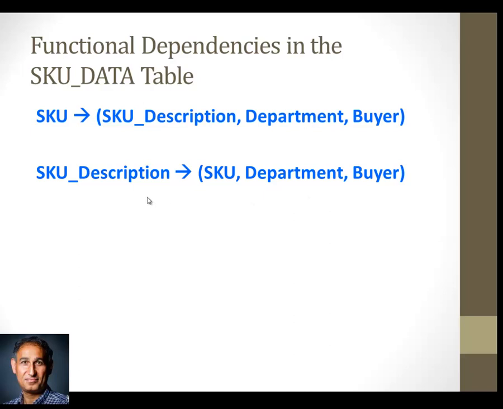The description will have information enough to determine these attributes. The buyer can determine department, but it will not be considered as a strong determinant in this case, since the buyer can change behavior and buy from another department.